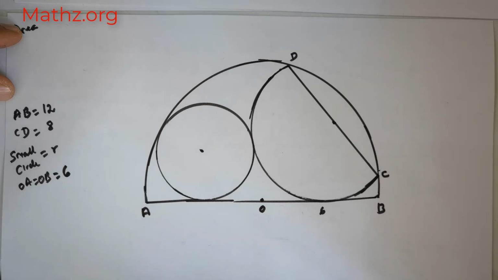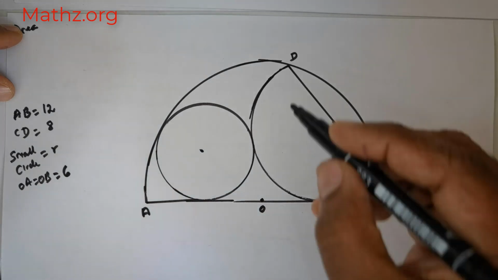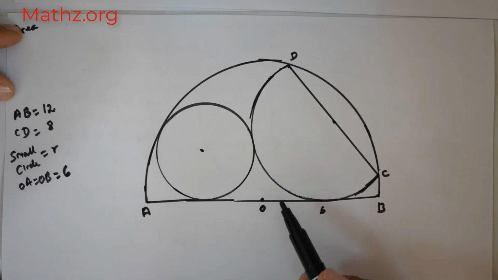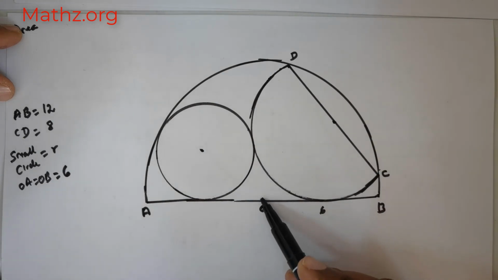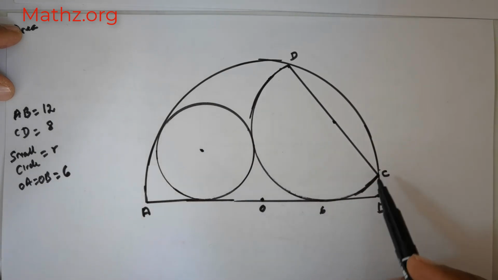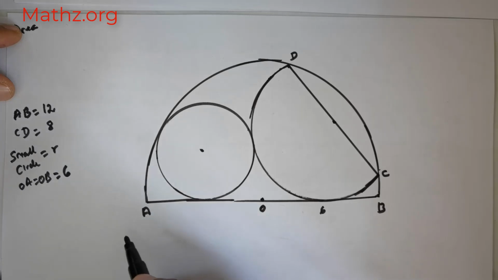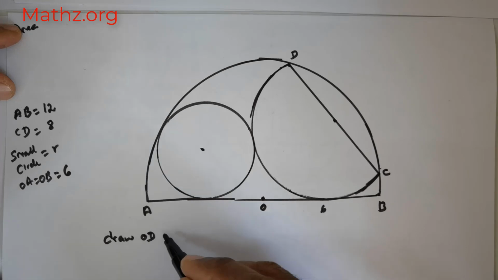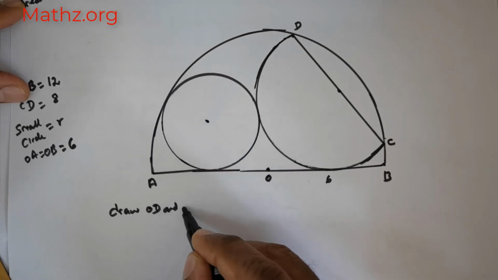Now what I wish to do is I would like to actually connect this point with this point and this point with this point. So step number 1, let me draw OD and OC.